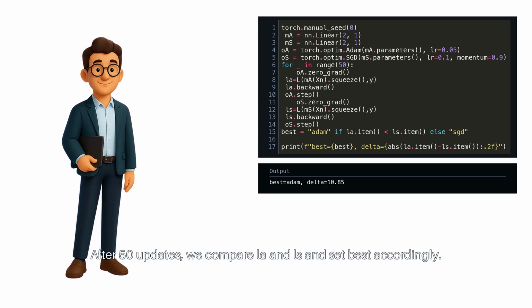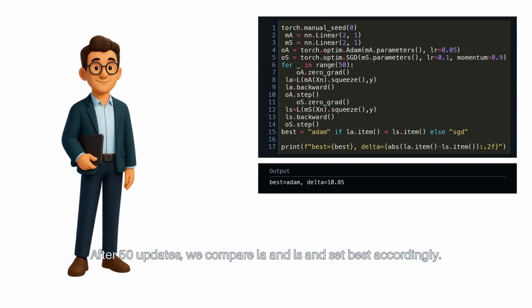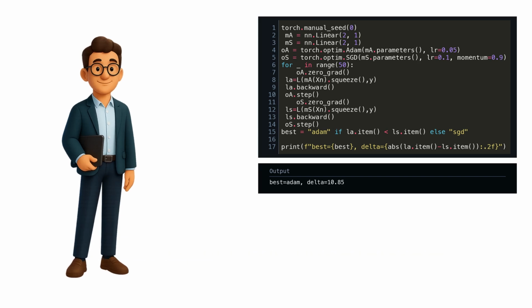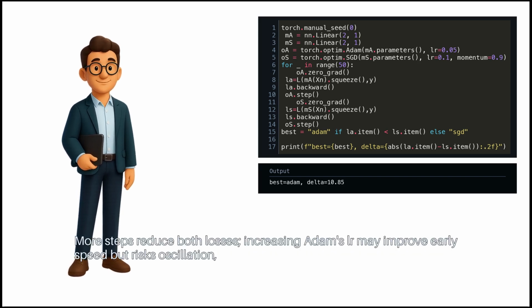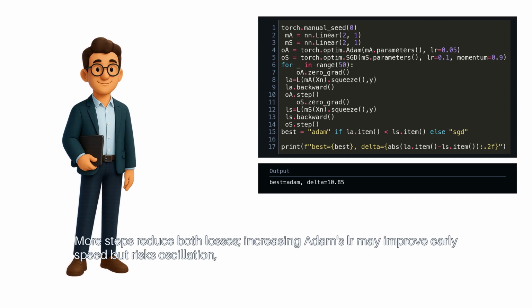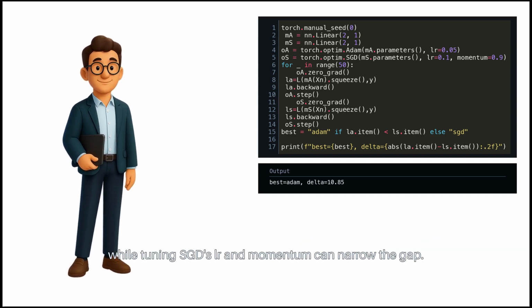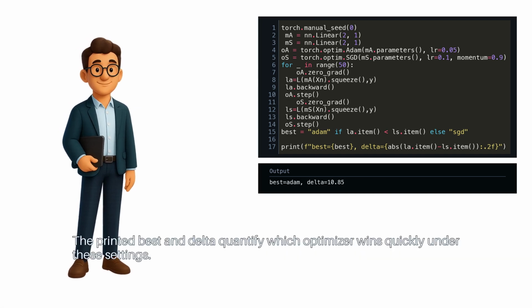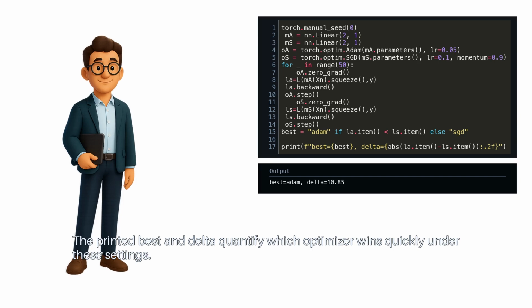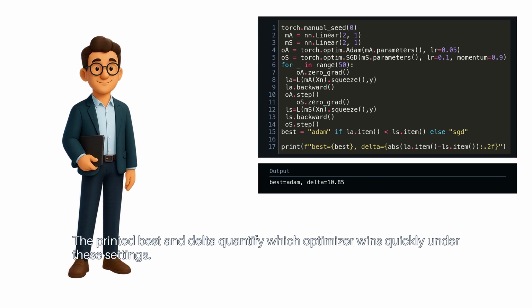After 50 updates, we compare LA and LS and set best accordingly. More steps reduce both losses. Increasing Adam's LR may improve early speed, but risks oscillation, while tuning SGD's LR and momentum can narrow the gap. The printed best and delta quantify which optimizer wins quickly under these settings.